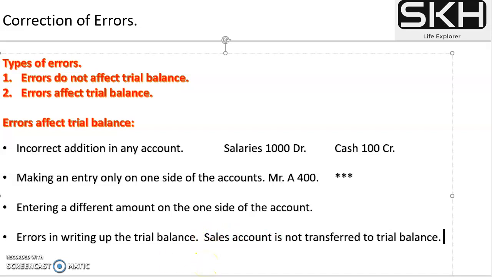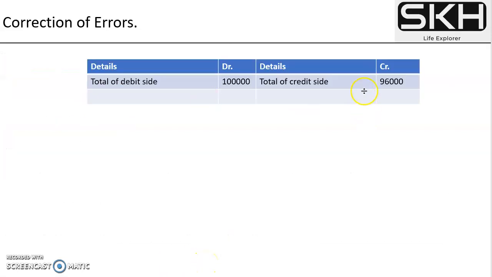So students, when our trial balance is not equal, it will show like this. The total of the debit side, meaning all the things on the debit side, let's suppose, is 100,000, and the credit side is 96,000. So it means that the credit side is short by 4,000. This 4,000 is resolved temporarily with a suspense account.